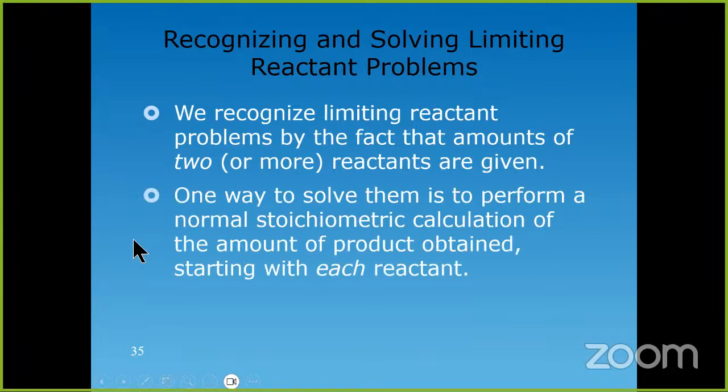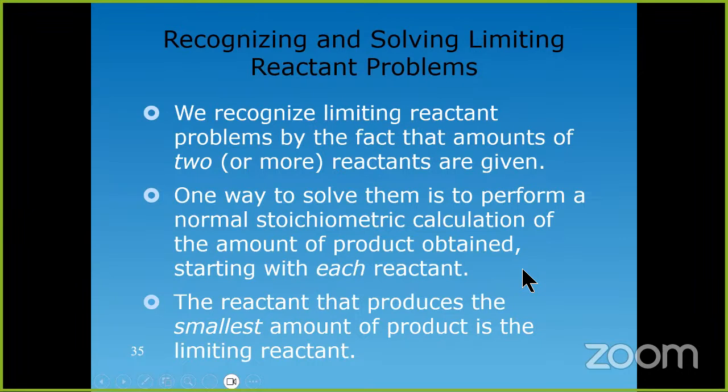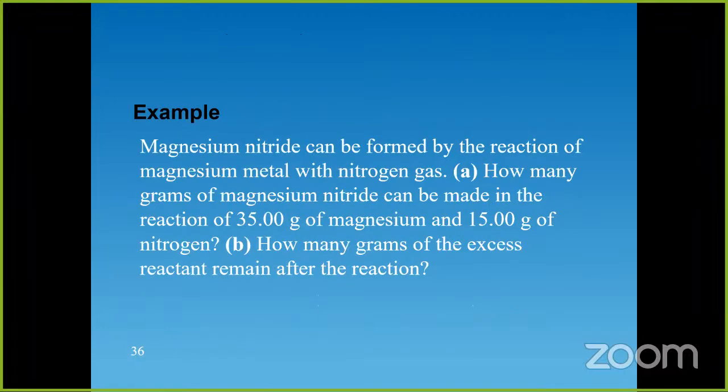And then what you should do, which is what we just did in a simple example, is perform a calculation to find out how much product would be formed based on the amounts of each reactant. And the one that produces on paper the smallest amount of product, that would be the limiting reactant, and therefore all the other reactants will be excess reactants. So, of course, the best way to demonstrate this is to go into an example.